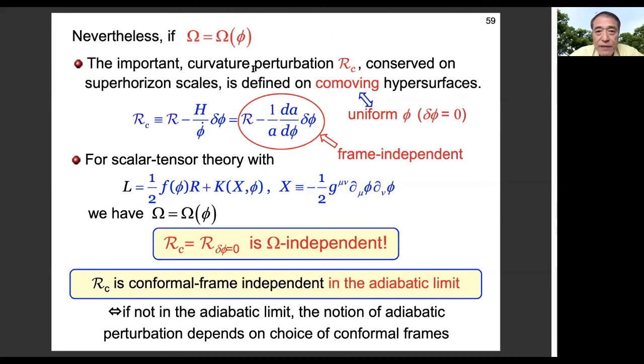Then the curvature perturbation on the comoving frame is defined in a gauge invariant manner at the linear order. There's some formula like this, which is again invariant under the choice of coordinates.